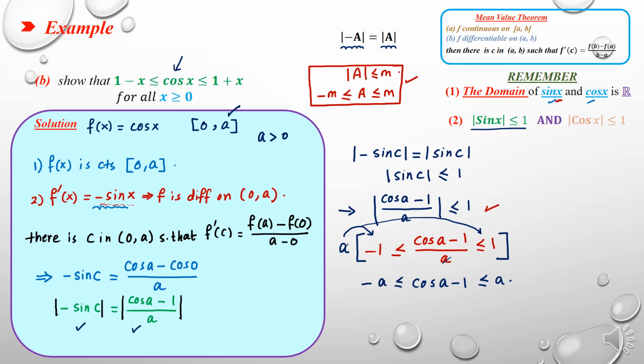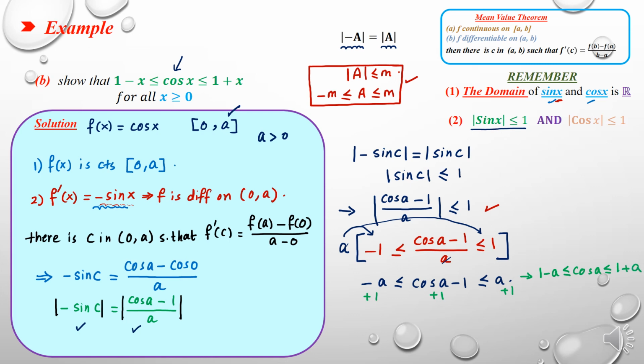Now if we add 1 to all sides, what you will get? We'll get plus 1, plus 1, plus 1. So we have 1 minus a less than or equal to cosine a less than or equal to 1 plus a.